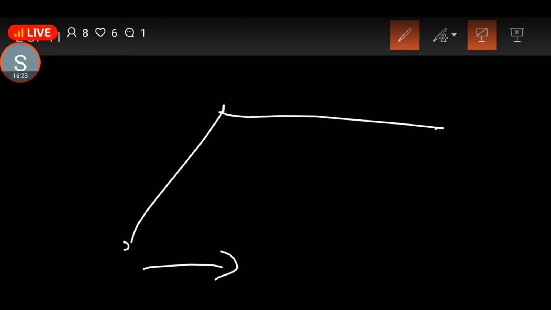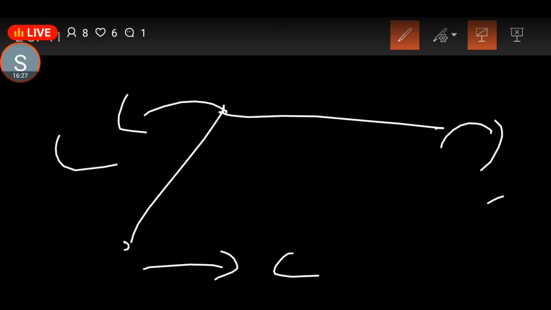I'll show you, let's say, for this line. We have a line like this. Here one carbon is present, here one carbon is present, here one carbon is present.